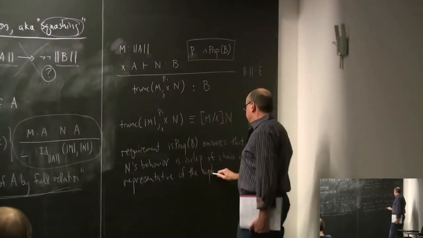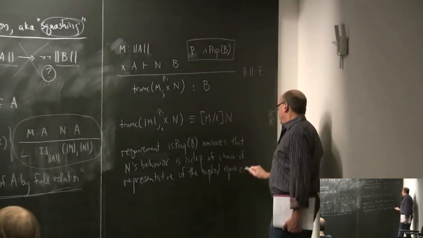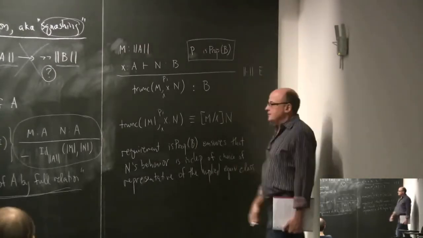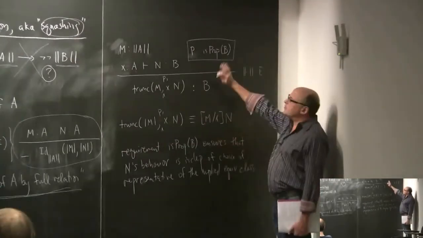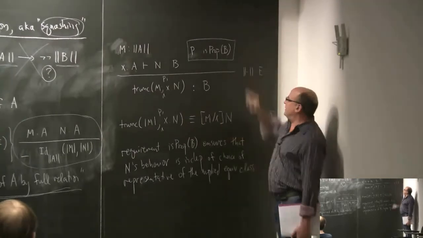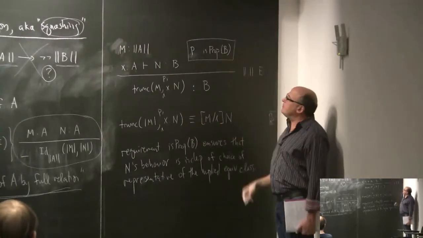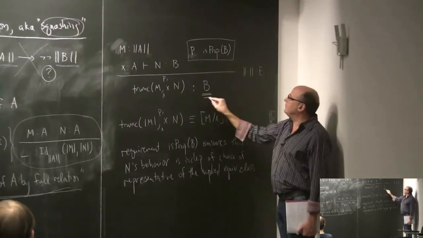That's the way I like to think about it. So there's an implied equivalence given here, and in the first cut at this rule, I failed to take account of it. So let's take account of it. And the way we take account of it is we demand that you eliminate into a proposition.